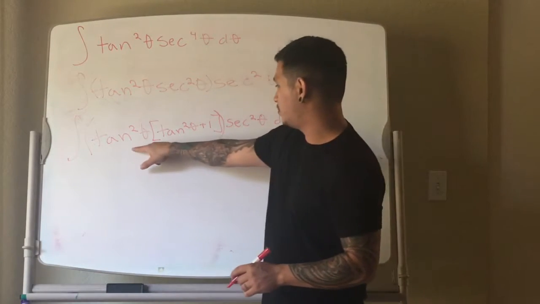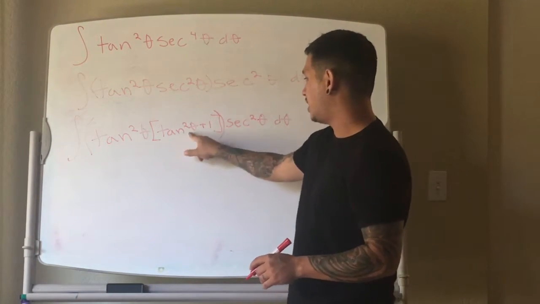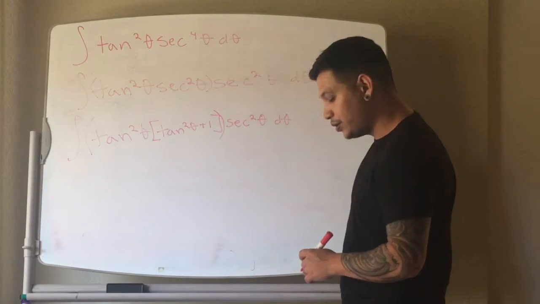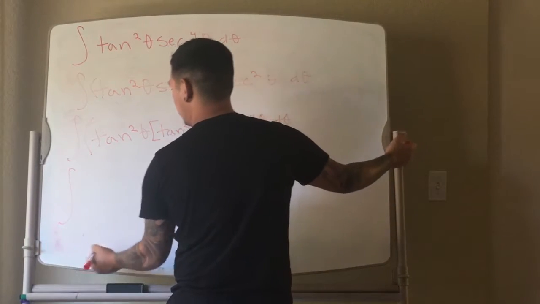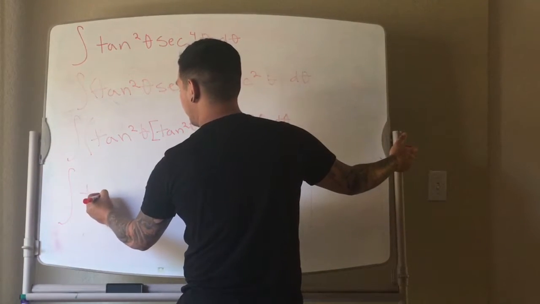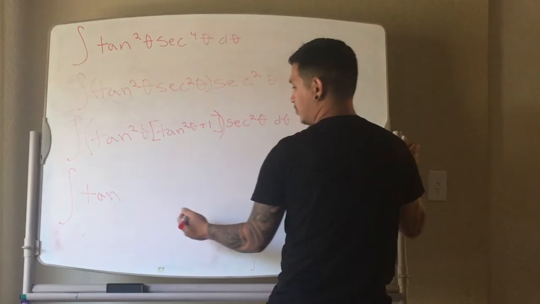We just pulled it out, changed it, what's equal to each other. So now we can distribute this tan squared theta to tan squared theta plus 1. So this becomes tan squared times tan squared.